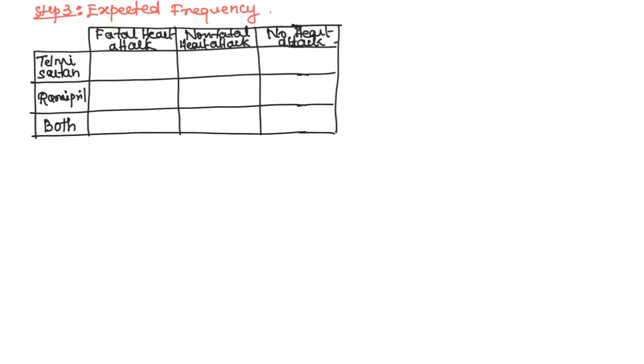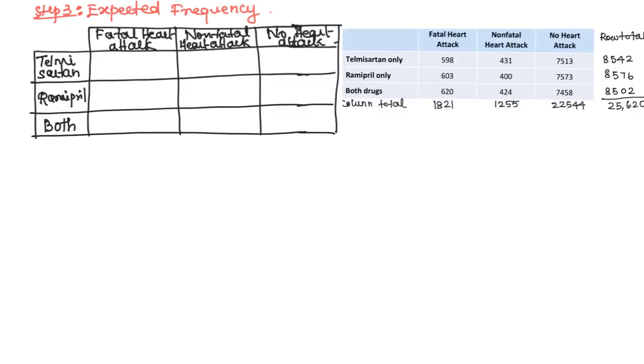So in order to find the expected frequency in each cell, we need the data from the previous page. So I'm just going to copy that here. So in order to find the value in the first cell, multiply the row total and the column total corresponding to that, and divide by the grand total. Do the same procedure for the rest of the cells.